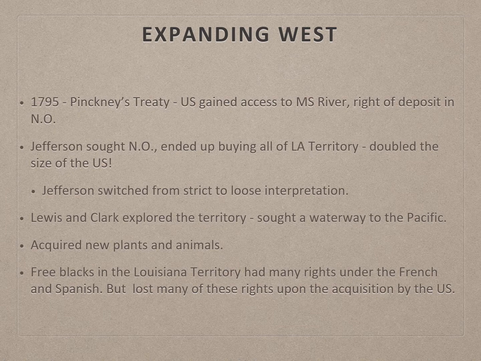And we gained more territory very quickly, one of them being through Pinckney's Treaty, which gained access to the Mississippi River itself. And that was super significant because the Mississippi is a great river that runs right through the middle part of the country and empties out in New Orleans.